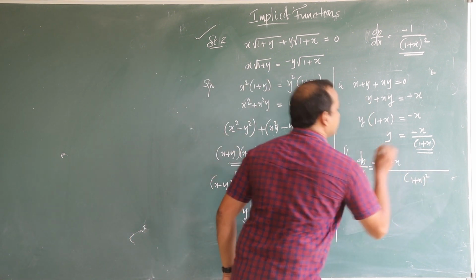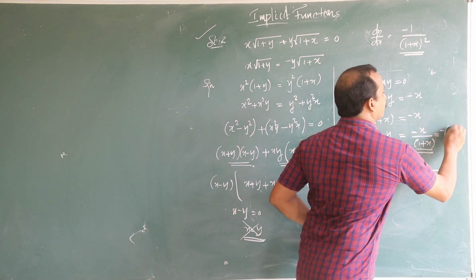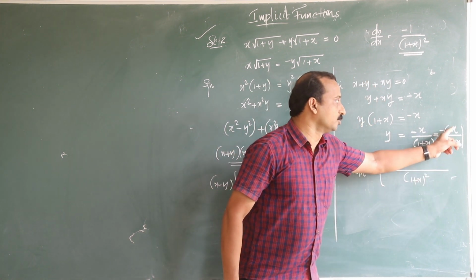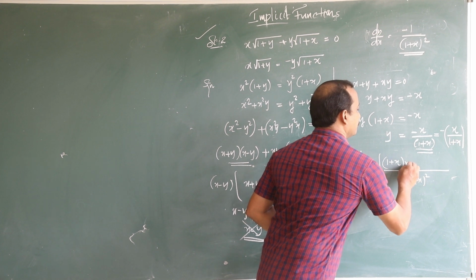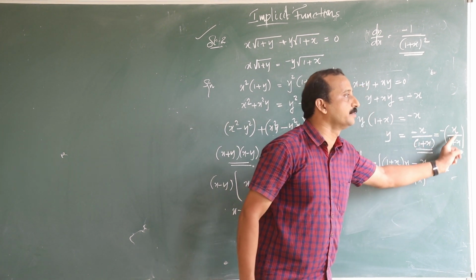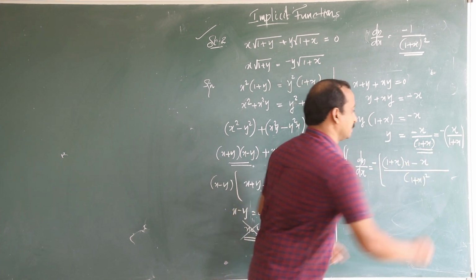Denominator, that is (1 plus x), into the derivative of x, which is 1, into 1, minus numerator x into the derivative of the denominator, the derivative of 1 becomes 0 and the derivative of x is 1, so into 1.